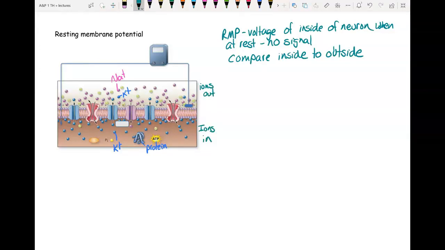Each ion has a charge. You add up the total charges for the outside. You add up the total charges for the inside.